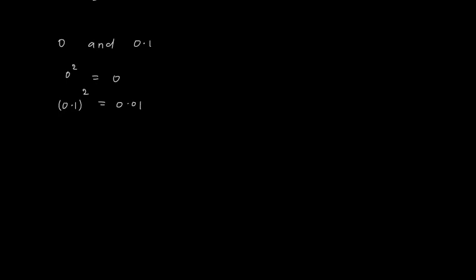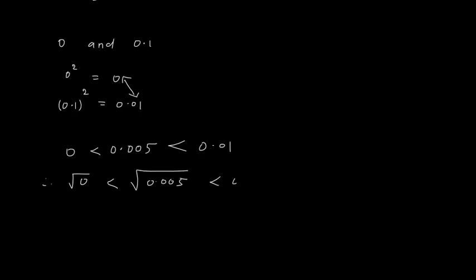Now I have to get a number between these two numbers. So we know that this 0 is smaller than, now I have to get a number. So it will be 0.005 I can take, and this is less than 0.01. So therefore I will say that the square root of 0 is less than the square root of 0.005, which is less than the square root of 0.01.